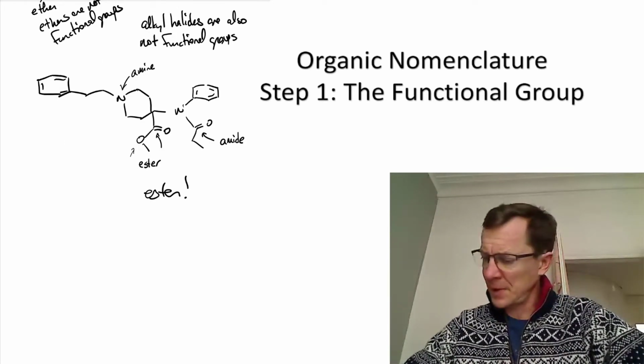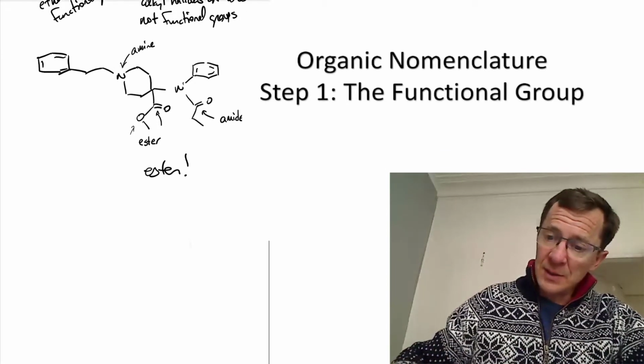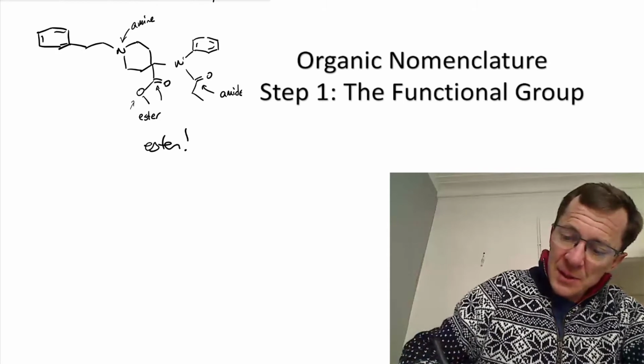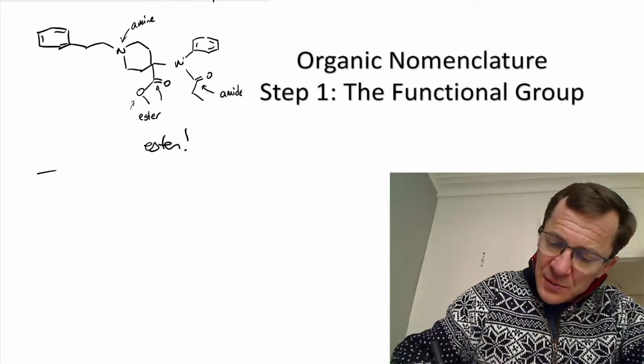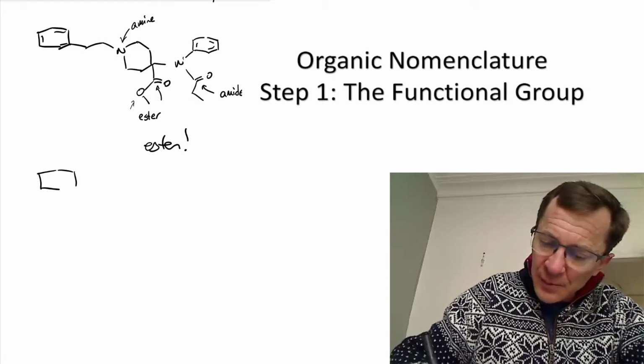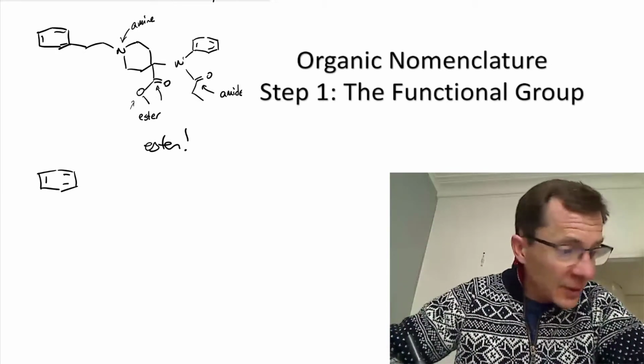Okay, now the next guy you guys can actually get on campus to carry around as a kit. It actually shares very much the structure of morphine and codeine and all the other opioid derivatives.